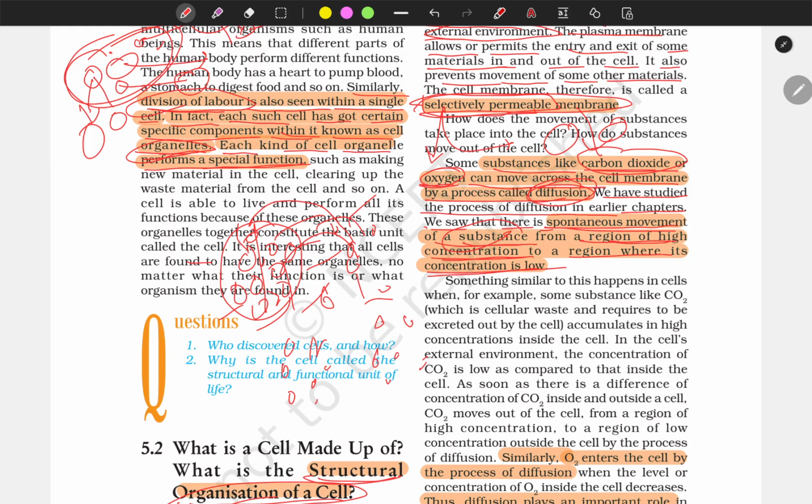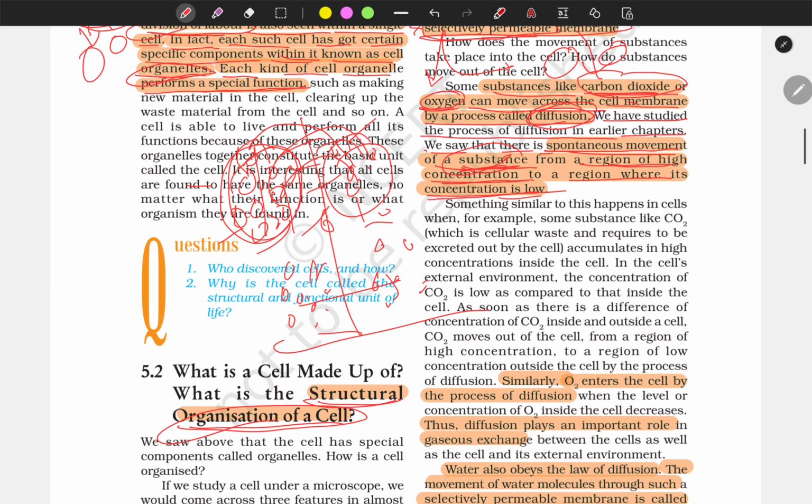Overall, we can conclude that this is called diffusion, the movement of a substance from a region of high concentration to the area of low concentration.